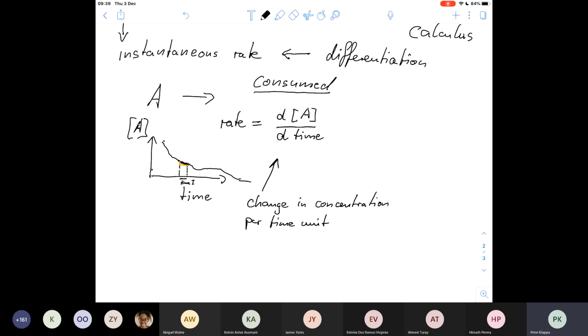And because we used the lowercase d, it indicates that the changes are incredibly small.